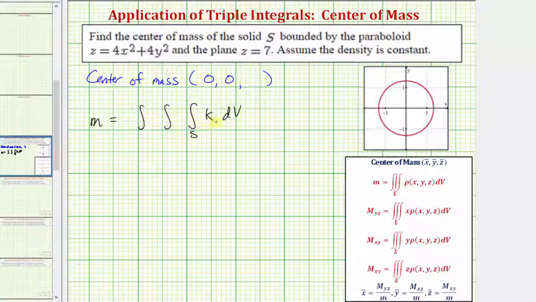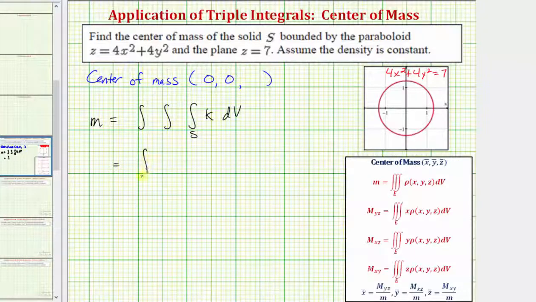But because the z equals 7 trace shown here, which we can see would be from substituting 7 for z, and therefore would give us the equation 4x squared plus 4y squared equals 7, is circular, it's going to be easier to evaluate this triple integral, so let's set this up using cylindrical coordinates.